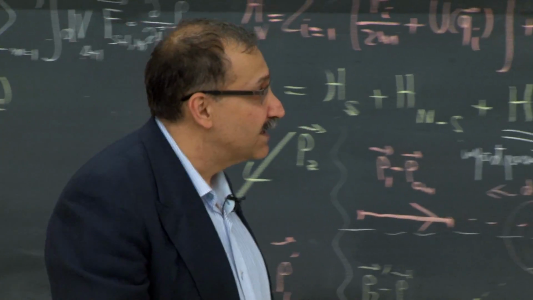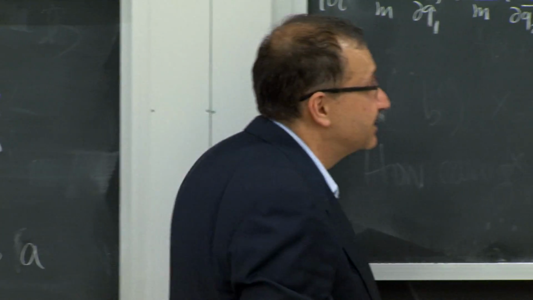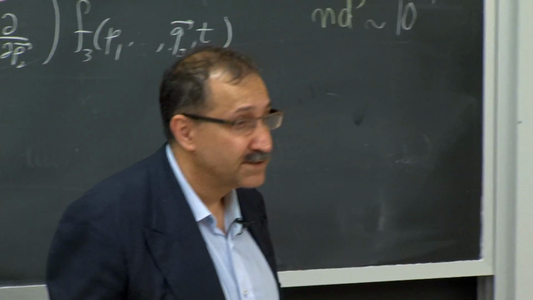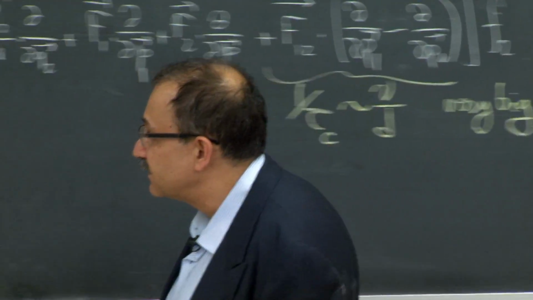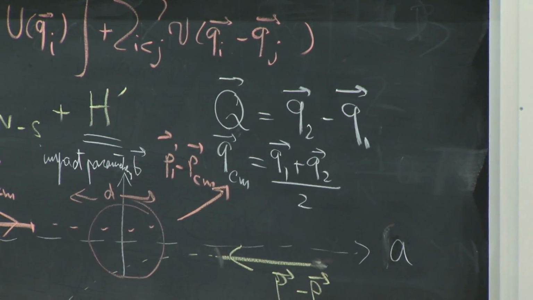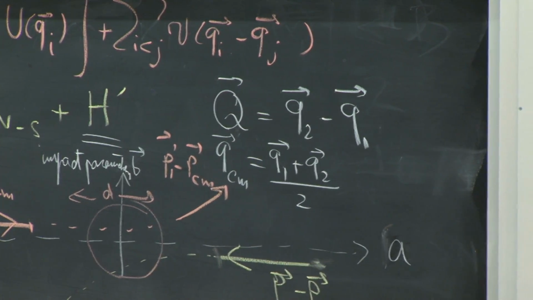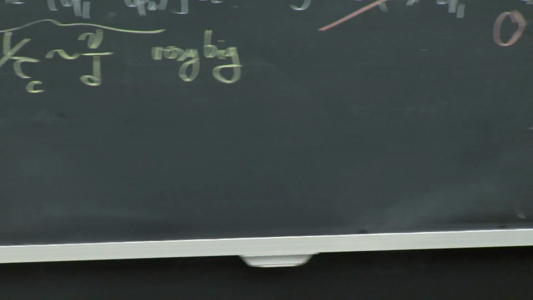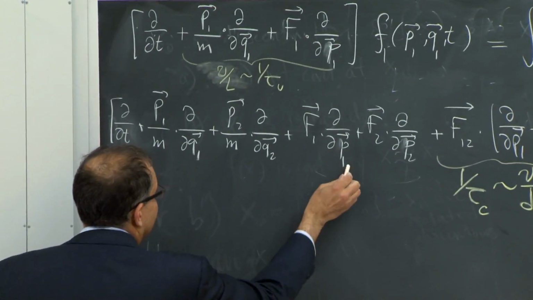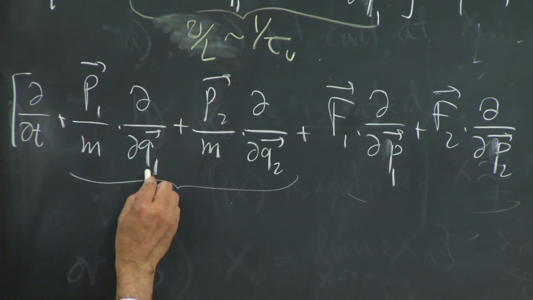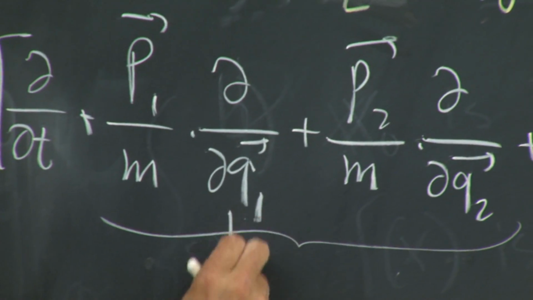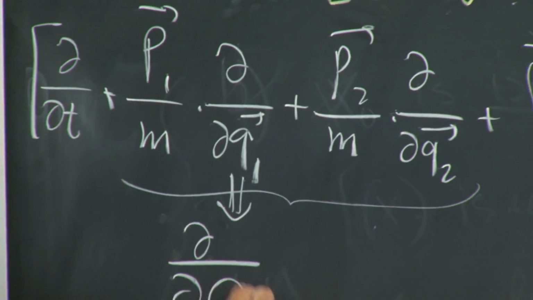But these deviations will occur over a distance that is of the order of this collision length D. And so the important changes that occur in various densities, in various potentials, etc., are all taking place when this relative coordinate is small. So things become big when the relative coordinate is small, and they are big as a function of the relative coordinate. So in order to get big things, what I need to do is to replace these d by dq's with the corresponding derivatives with respect to the center of mass.